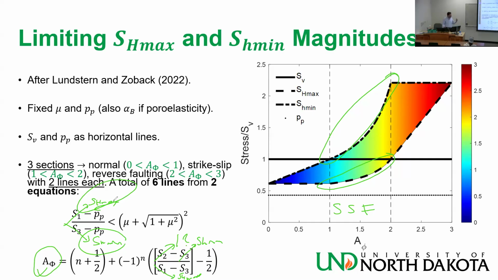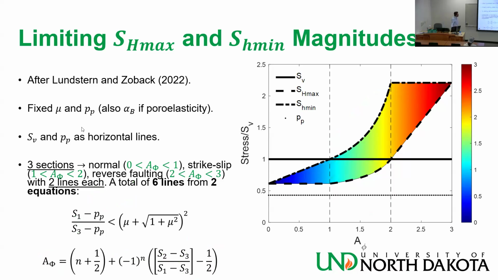You vary alpha phi for the range that you are looking at, 0 to 1 for normal faulting, 1 to 2 for strike slip, and 2 to 3 for reverse. Now it's gonna vary from 1 to 2, right? Okay. And this is how you get the remainder 2. And then you have the whole plot. And I make the coloring with the color scheme that we have been using so far.